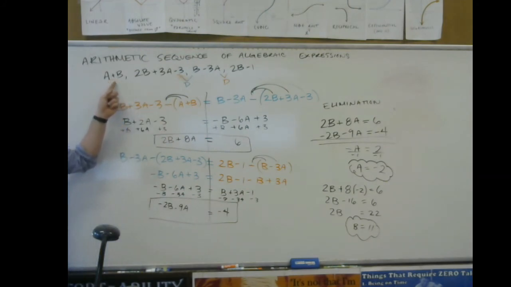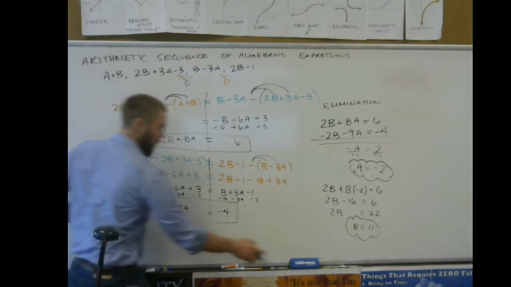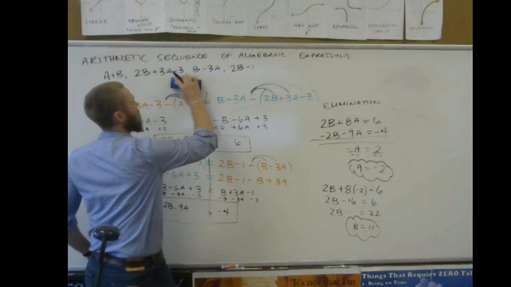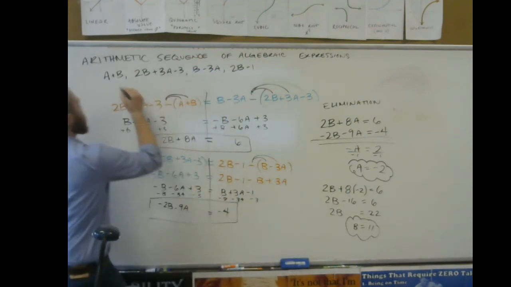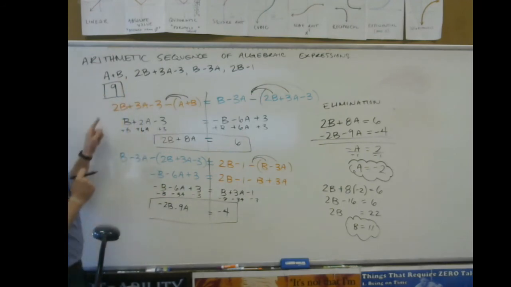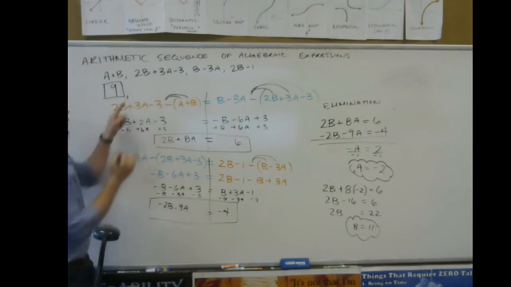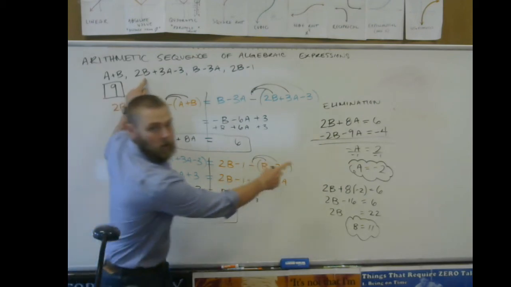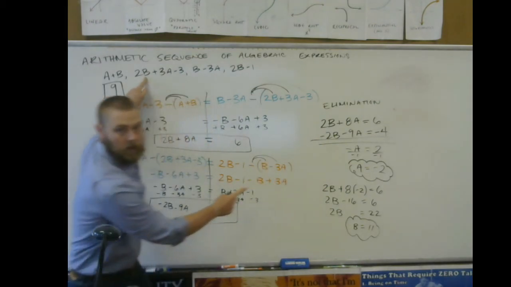Let's just figure out this first term. If a is negative 2 and b is 11, well, that makes the first term 9. Okay, first term in the sequence is 9. Second term in the sequence, we're going to put in our a is negative 2 here.